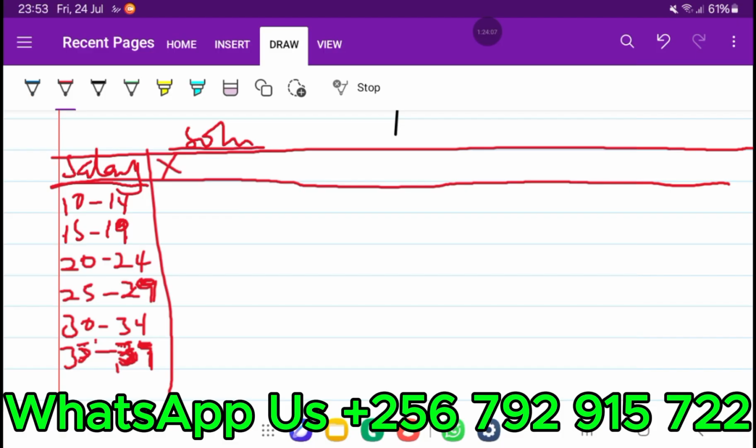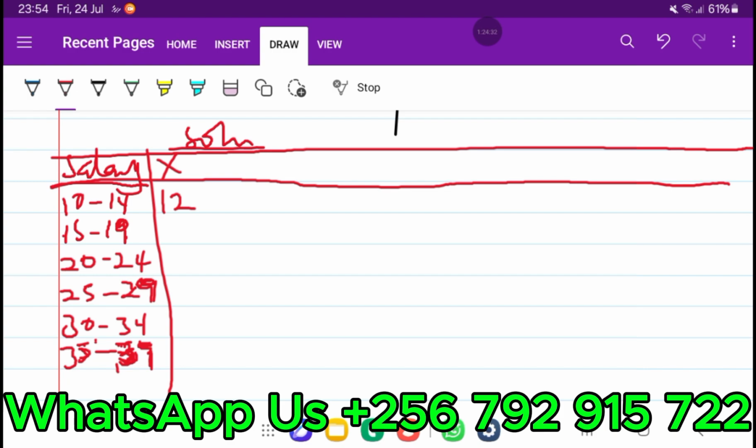Now, the 12 that we have got is the midpoint for this class. Now, 12 plus 5 will give you 17. Even if you get 15 plus 19 divided by 2, that will give you 17. So either way, you adopt whichever way will save you time.